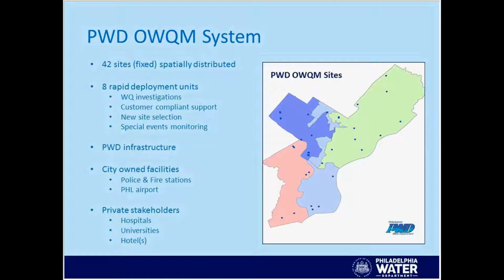We also, as I mentioned in the previous slide, have all of our infrastructure covered for OWQM monitoring. In addition to city-owned facilities, the police and fire stations, Philadelphia International Airport, and private stakeholders. It's extremely important to develop these collaborative relationships with private stakeholders because not every part of your distribution system is a city-owned or utility-owned location.